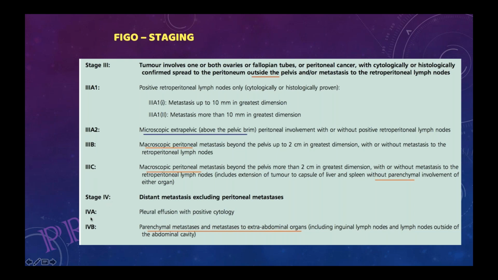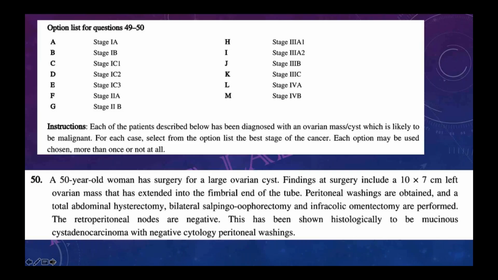Stage 4 everybody knows. 4A is lung involvement. 4B is parenchyma of liver and spleen. Apart from this, inguinal lymph nodes are involved. Inguinal lymph node in ovarian cancer is 4B. Question will come from here only. So you read this question and answer.